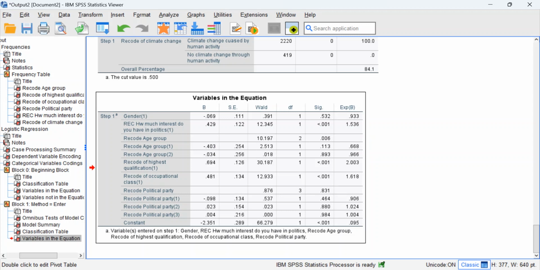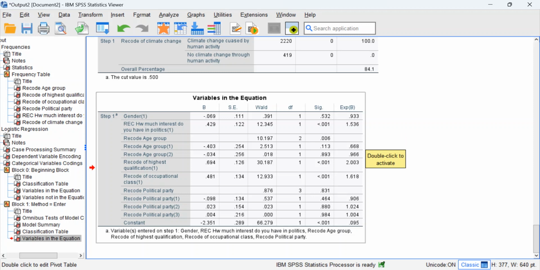Now the last column is the column that you're going to be reporting in any output. And this is simply the exponential of the log odds. So these are actually the odds ratios.